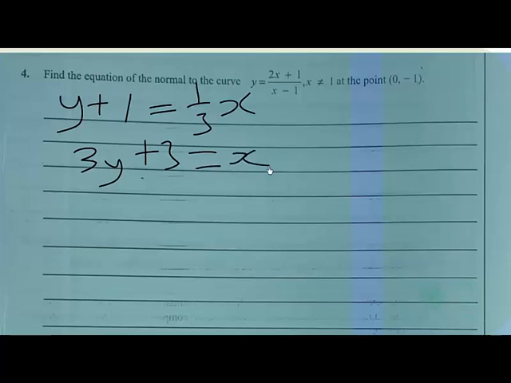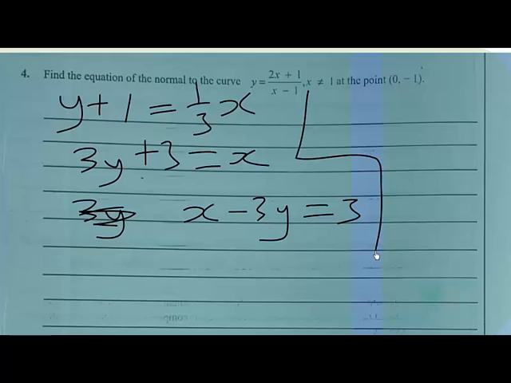Or we can write it in standard form as x minus 3y is equal to 3. Or if you want to leave it in slope intercept form, you get y equal 1/3x minus 1. So this is the equation of the normal to the curve y equals 2x plus 1/x minus 1 at the point (0, -1).